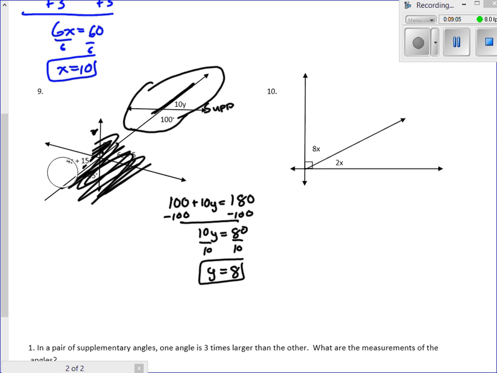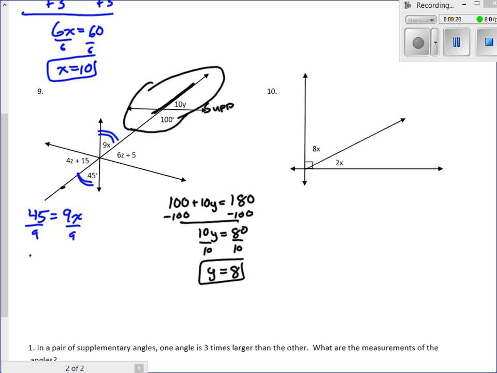Now let's come back and look. If we kind of block out the top part now, we see really we just have some sets of vertical angles. So 45 will go with 9x. So 45 equals 9x. Divide both sides by 9. We end up with x equals 5. And then the 4z plus 15, that's the same as the 6z plus 5.